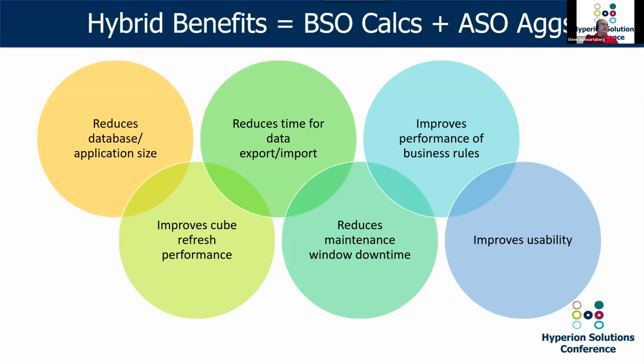The aggregations typically are what take the longest amount of time in any of my processing window. We're improving the performance of most business rules because, again, I'm only looking at the indexes on my level 0 blocks. And it's going to improve usability because I can add more into the cube in order to make it more functional.